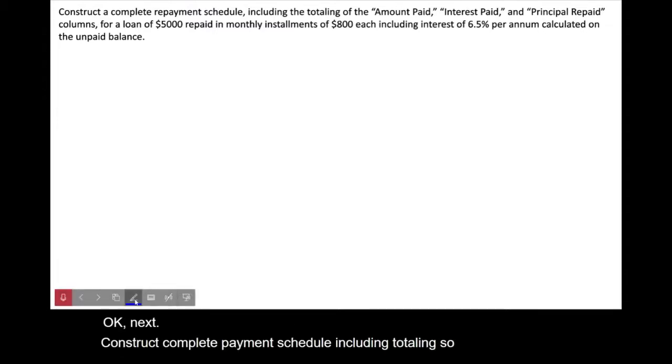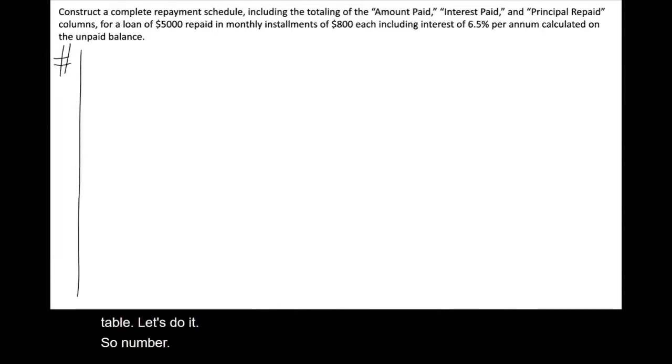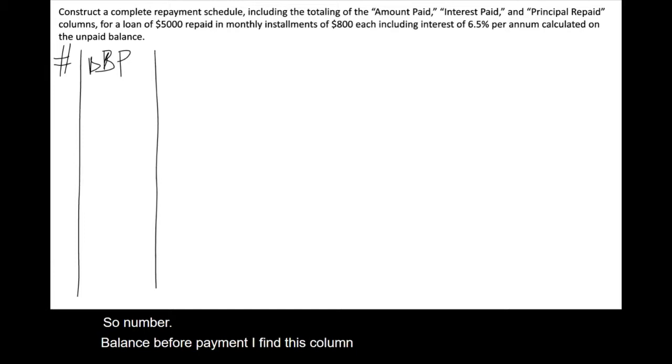Okay, next. Construct a complete payment schedule, including totaling. Oh, okay, so that's an amortization table. Let's do it. So number, balance before payment. I find this column completely useless. I put it only because you will have that on your test.